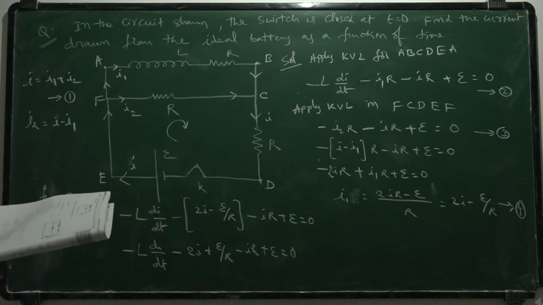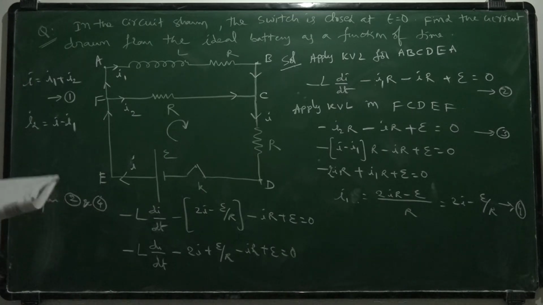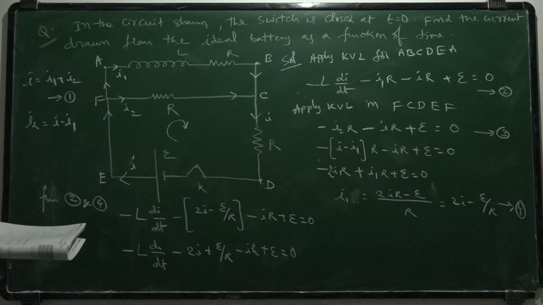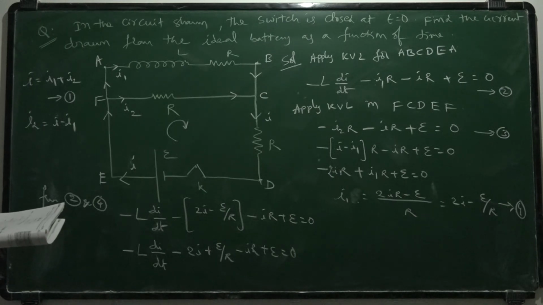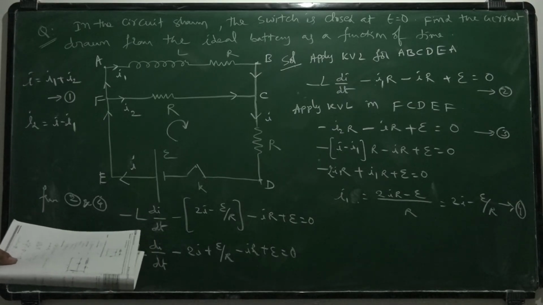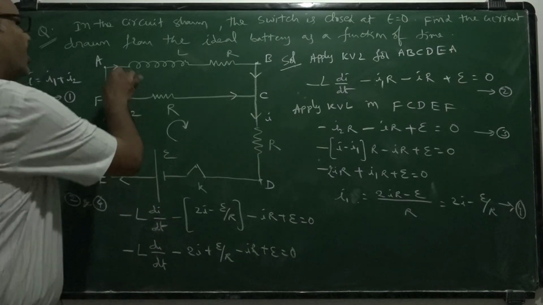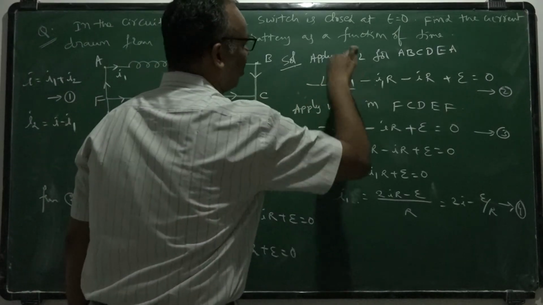Now, here actually I1 is the current passing through the inductor. I should take I1 here.